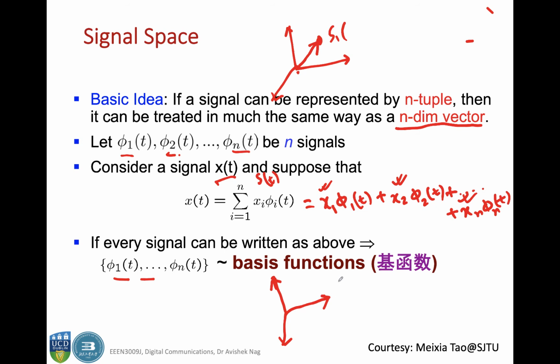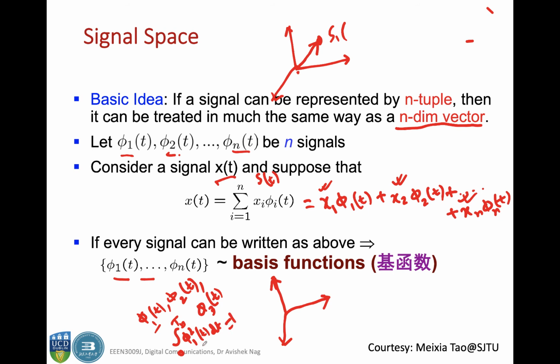If I can find three signals, phi1(t), phi2(t), and phi3(t), and if these three signals hold the property that the energy of these signals, let's say the integral of phi1 square(t) dt between 0 to Tb, is 1.